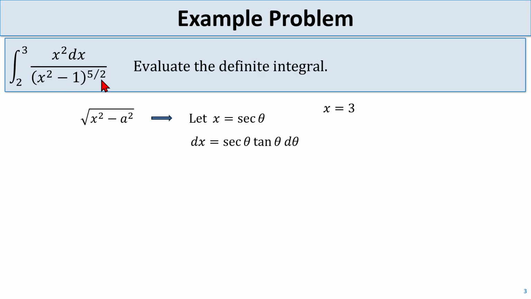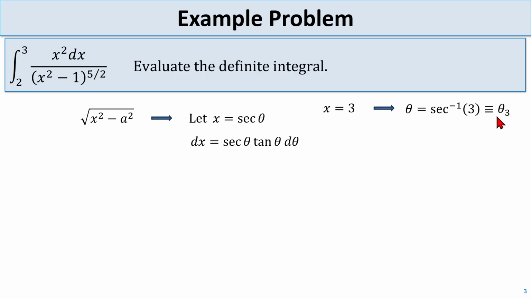So the upper limit was x equals 3. We can find theta by doing the inverse secant of x. The inverse secant of 3 isn't a simple number, so I'm just going to note it with a symbol theta 3 so that we don't have to keep writing inverse secant of 3.